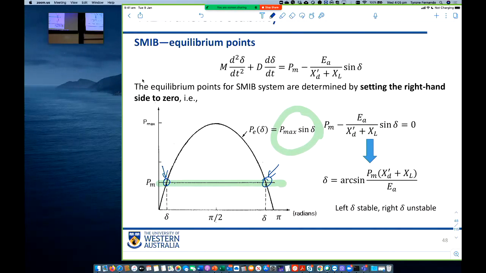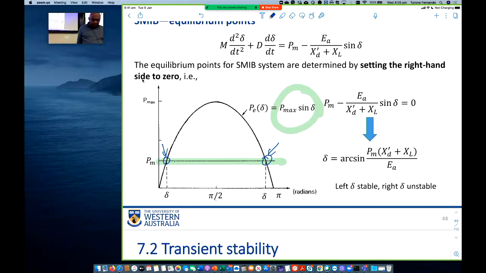I'll explain why this is stable. Assume that the rotor angle increases a bit. If the rotor angle increases a bit, what happens? It will move to this point. If delta increases a little bit, it will move to that point, and the mechanical power is lower while the electrical power is more in this situation.